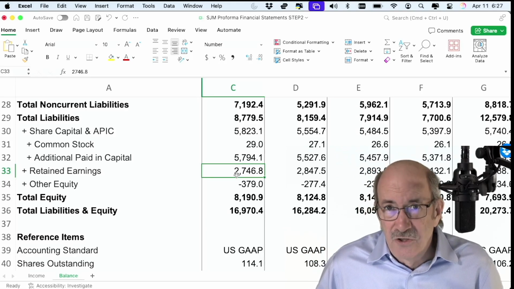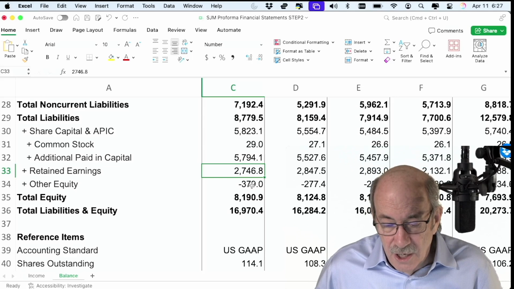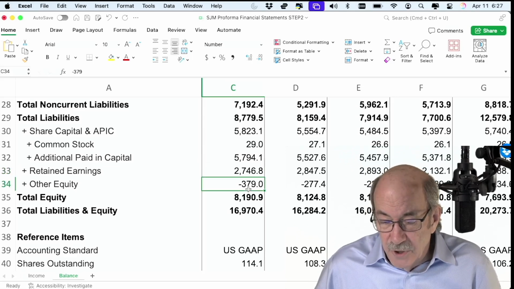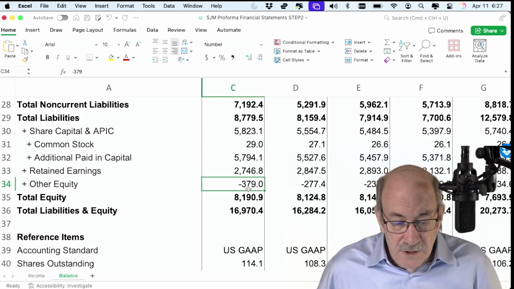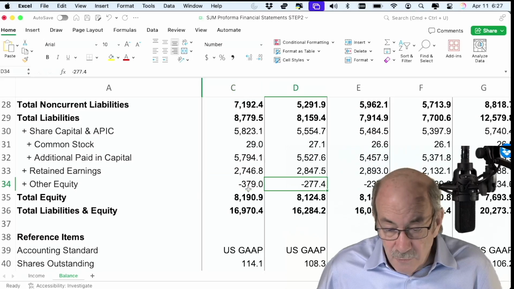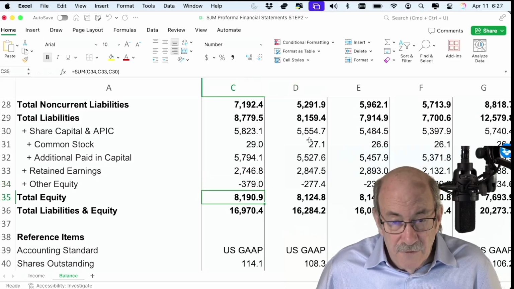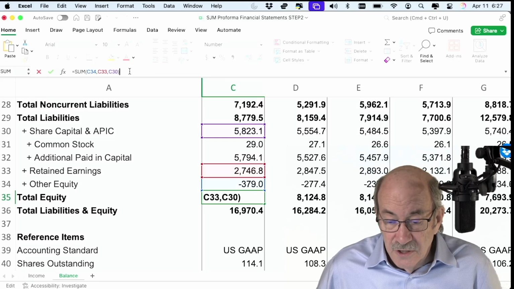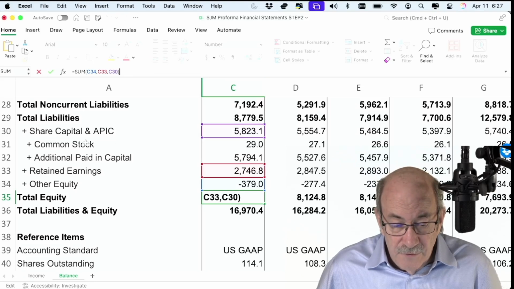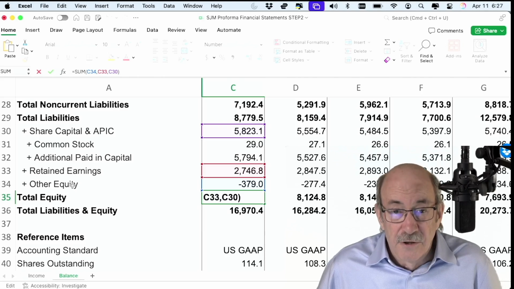And that adds to the retained earnings account. And then apparently this company had some small amounts in this other equity. I'm not sure what that was. And then finally we have the total equity, which again is a sum of these three accounts: the share capital plus APIC, retained earnings, and then other equity.